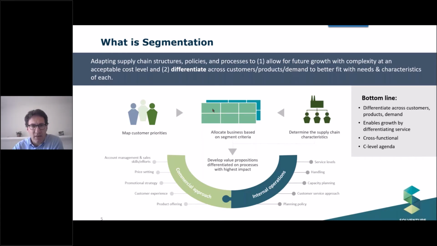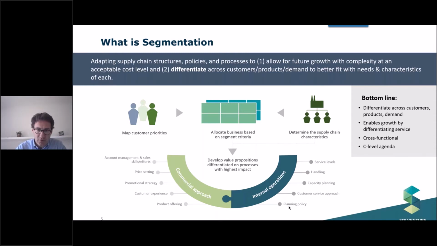You allocate the products and customers into your different segments to then say, okay, for those different segments, I'm going to develop what we call value propositions. Those value propositions are then differentiated across your segments and will typically differ in internal operations, and might also differ in commercial approach.